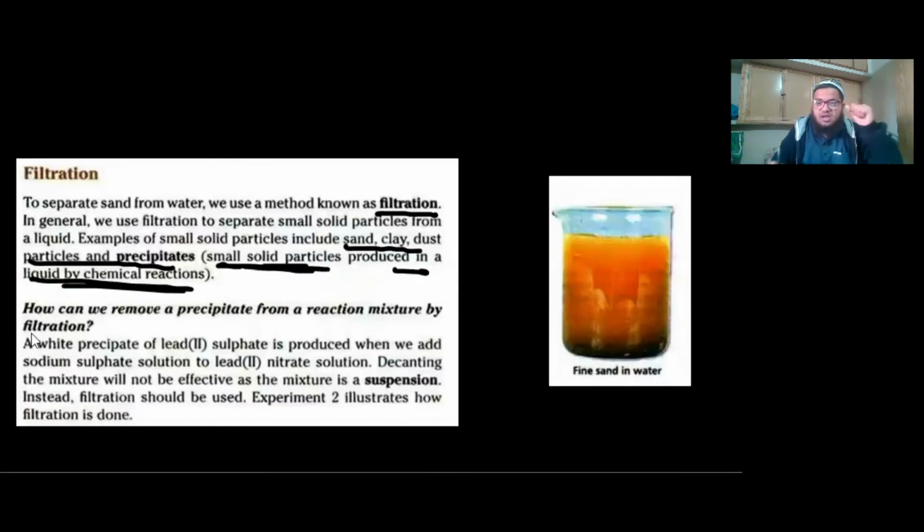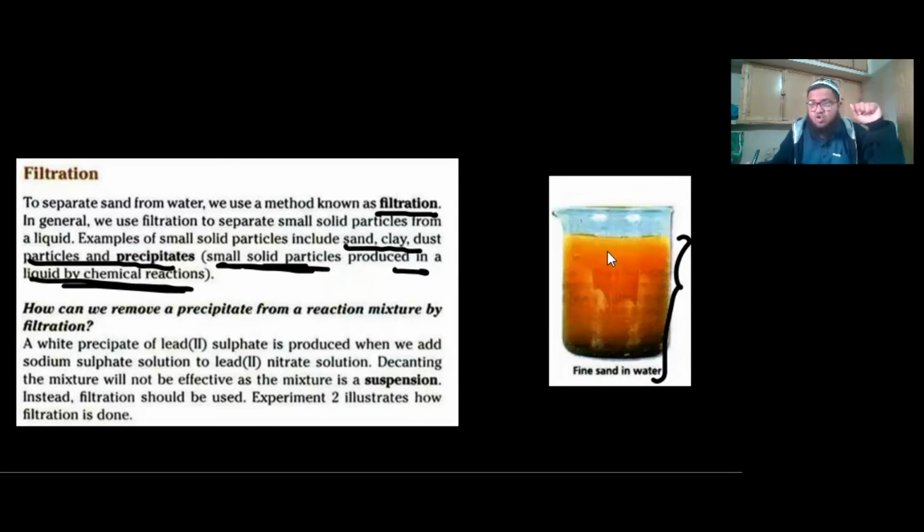But what if the pebbles or the solid or the precipitate is not localized? What if the precipitate is present throughout the liquid, spread throughout the liquid, just like in this example over here? If you look at this beaker which is full of a solution, in this solution we've got water, and throughout the water you can see there is a lot of sand present throughout the beaker.